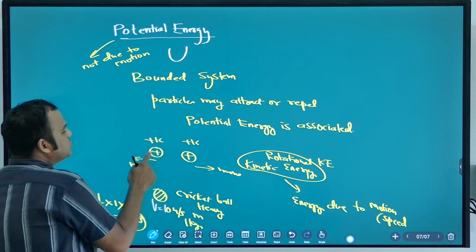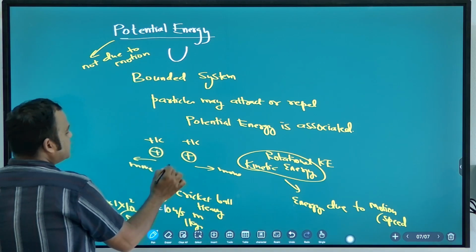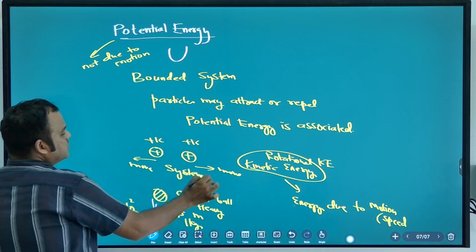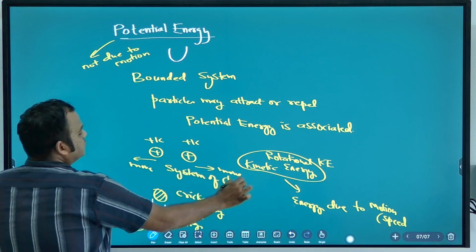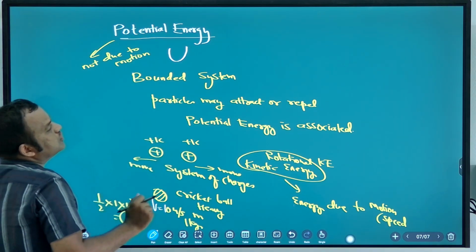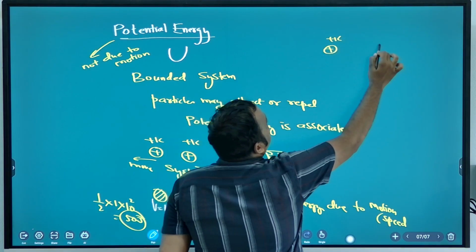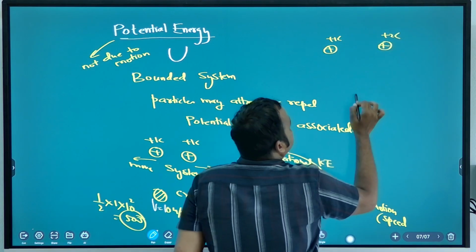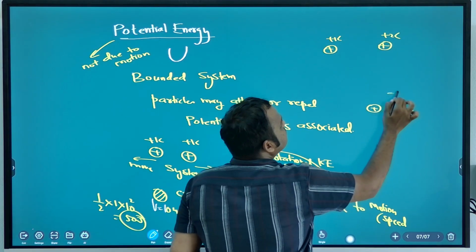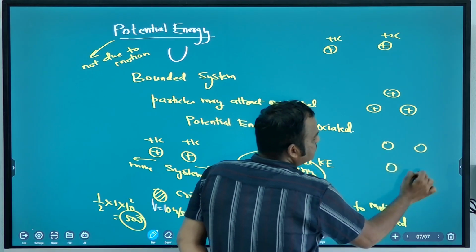So this is known as configuration. System of charges: how they are configured. Like this is plus 1 coulomb, or this is plus 2 coulomb, or 3 charges are there, or 4 charges are there like this.